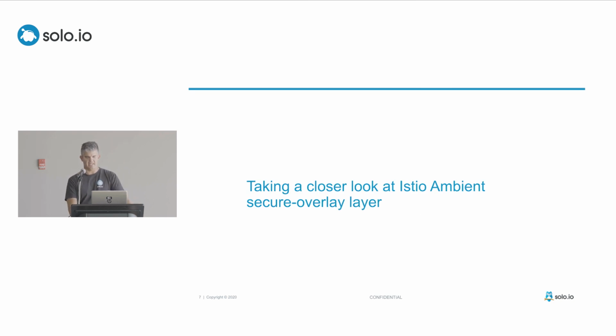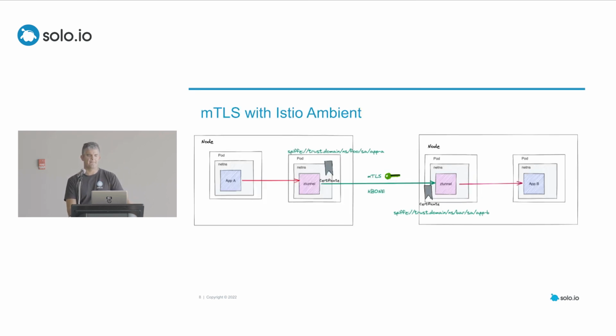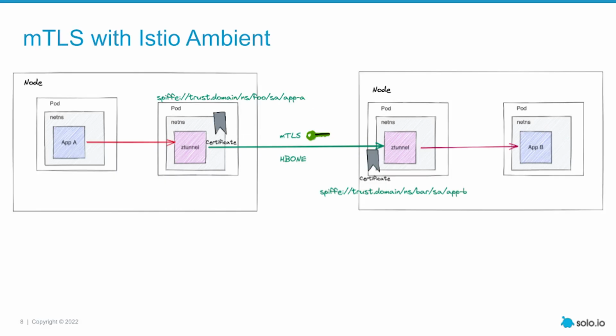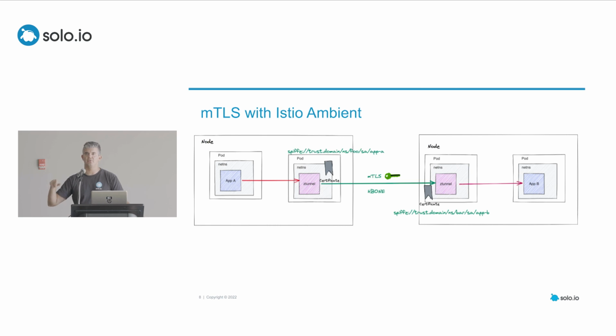So let's take a closer look at how this all works. When workload A tries to talk to B, it communicates over the network, and it's trapped and redirected to the Z-tunnel. The Z-tunnel runs as an agent or a daemon on the node. It looks at the destination it needs to send the TCP packets to, and it has a list because Istio's control plane is also involved here.